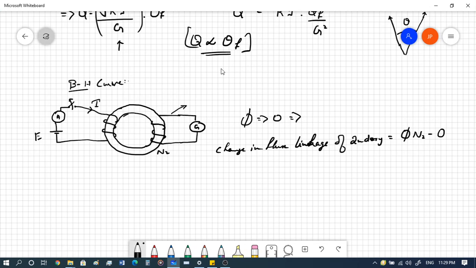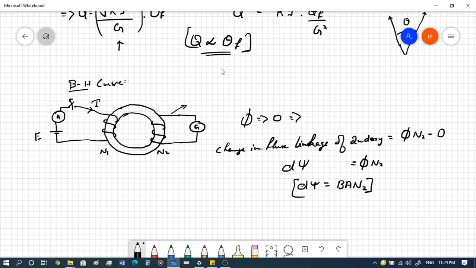Let's take this is n2 and this is n1 number of turns, so phi n2 minus 0, which is the same as phi n2, right? And this can be written as d psi, which is the change in flux linkage. This phi can be written as B into A, where phi is the flux and B is the flux density into area, so you can write it as B A into n2, d psi in this case.